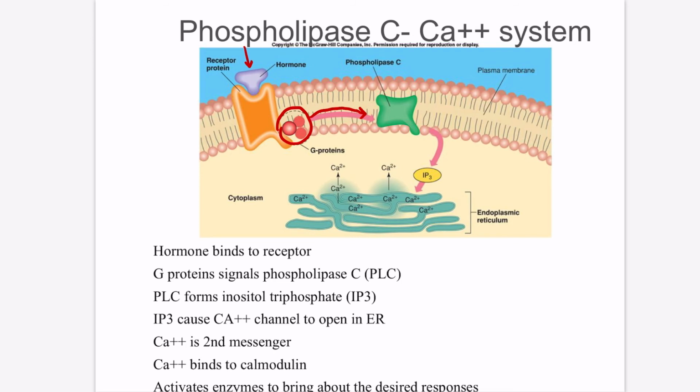And that is going to form a compound called inositol triphosphate, IP3. And IP3 causes calcium channels to open in the endoplasmic reticulum, and calcium here is our second messenger. Calcium is going to bind to calmodulin, and this is going to activate enzymes within this cell.